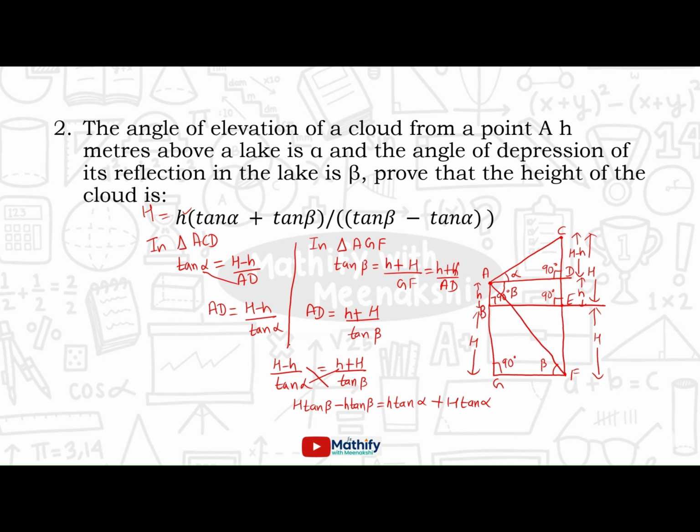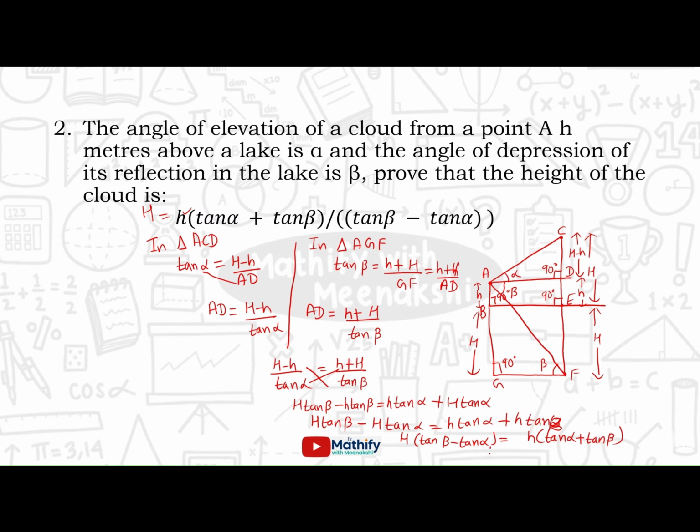Now just see carefully, we need to take capital H together and small h together. So we'll transpose. Now take H common. From here, if I take H common, I will get tan beta minus tan alpha. And here I can take common h, tan alpha plus tan beta.